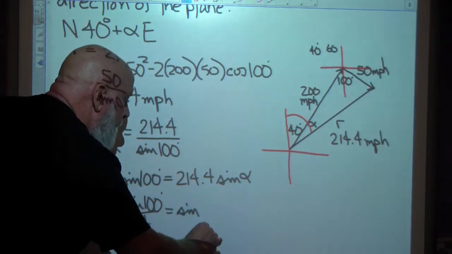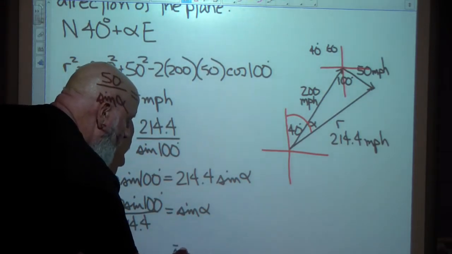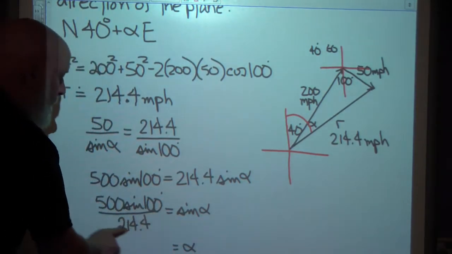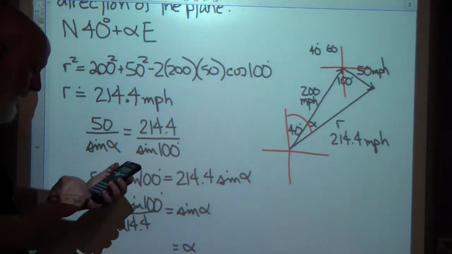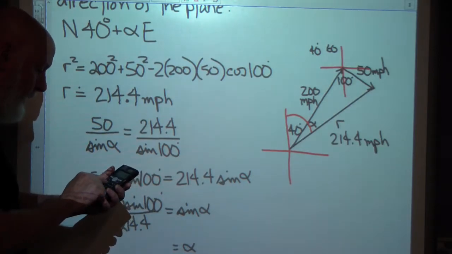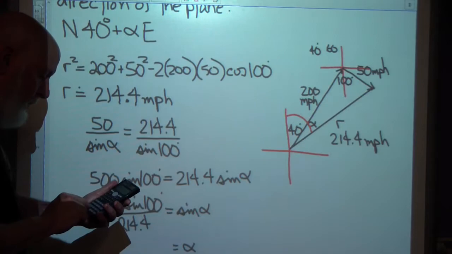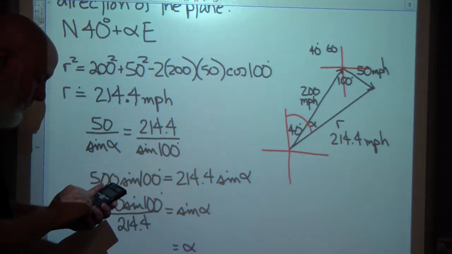And to find alpha, we take the inverse sine of both sides. I'm not going to bother writing that, I'm just going to do it. I'm going to enter this into my calculator and take the inverse sine of it. Hopefully I won't mess it up. But here we go, 50 sine 100 equals, divided by 214 equals, and I'm going to take the inverse sine of that.